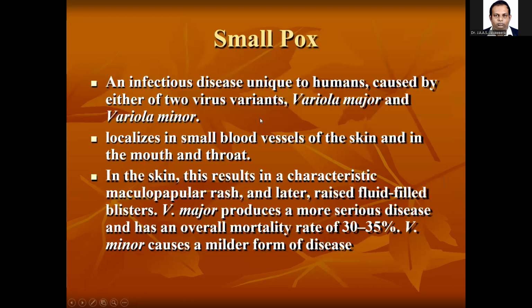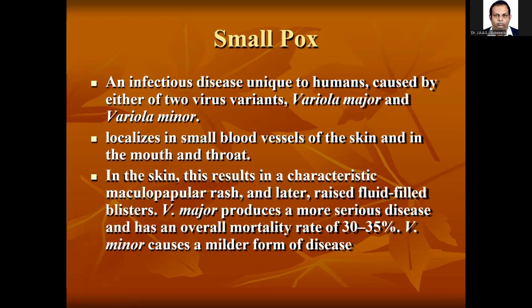It is an infectious disease unique to humans, caused by either of two virus strains. Smallpox mainly affects the small blood vessels of the skin and in the mouth and throat. In the skin, this results in a characteristic maculopapular rash, later raised fluid-filled blisters, as we discussed earlier. Variola major produces a more serious disease with an overall mortality of up to 30 to 35%.